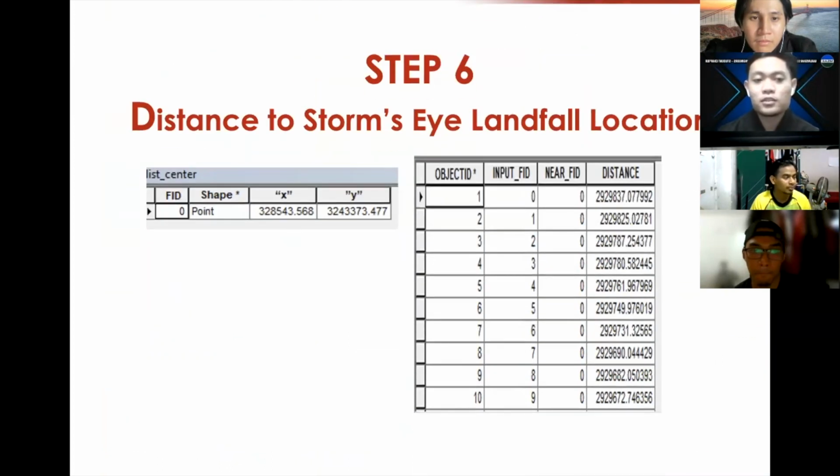Then go to the start menu button, click all programs, go to accessories and click Notepad. For step 6, we need to create X and Y data. X and Y data is the location where the storm center made landfall on the coast. Then we also need to measure the distance from every house to the storm center and put the value into the field which is called distance center.